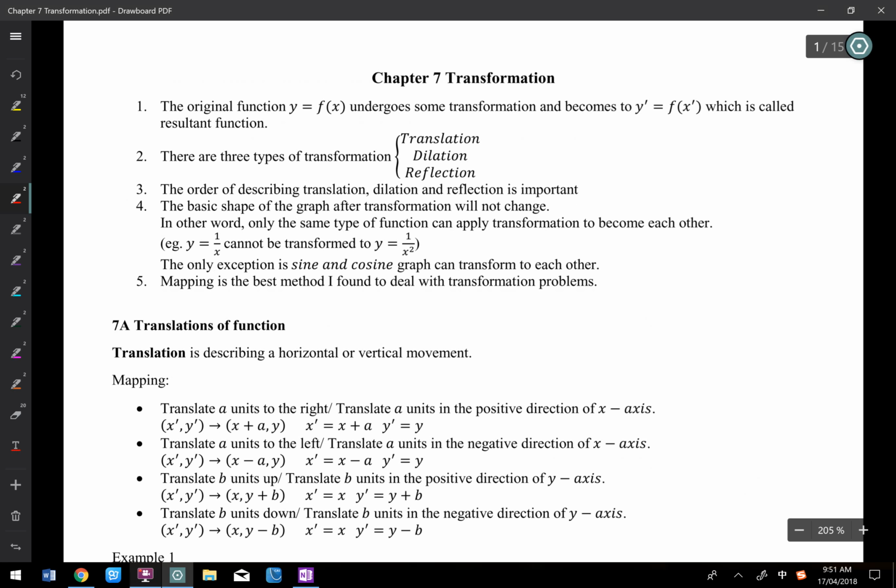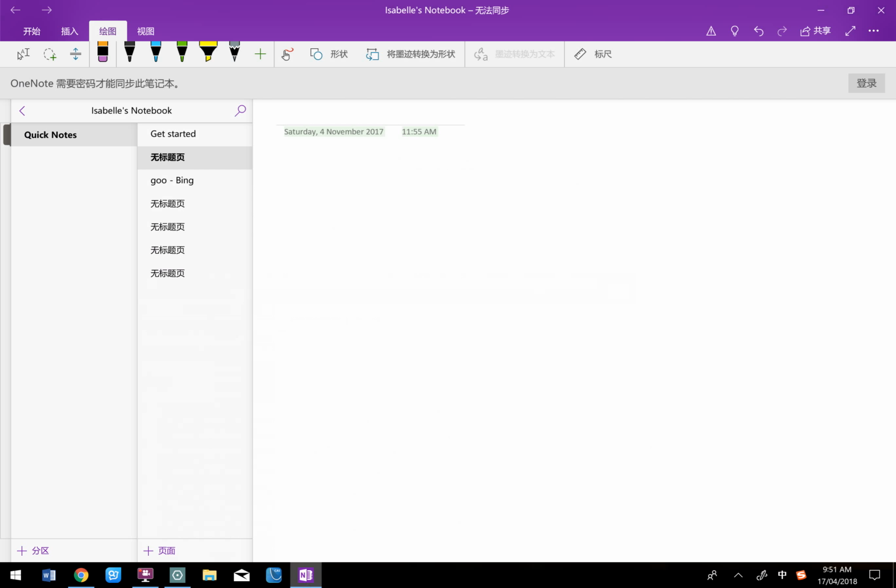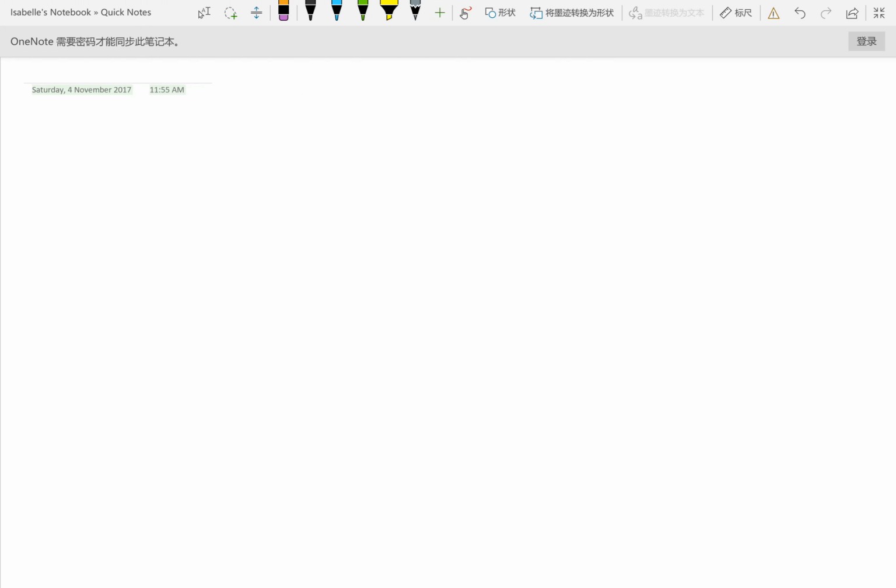Chapter 7. Transformation. What is transformation? First of all, when we start to learn transformation, we need to know there are 3 components, which is really important. So what are they? The first one is the original function.